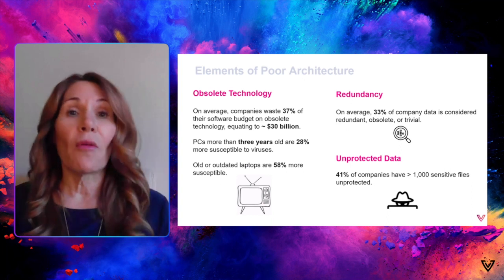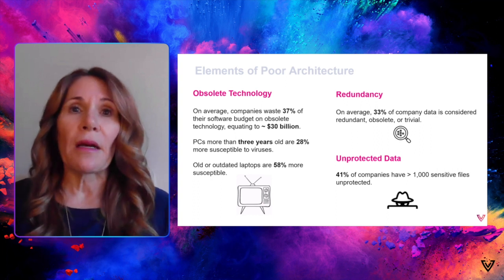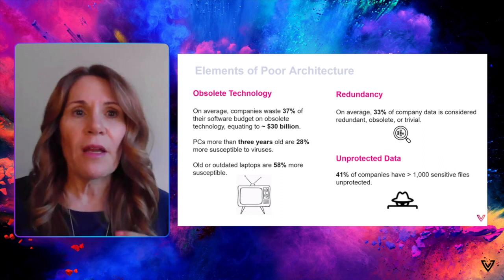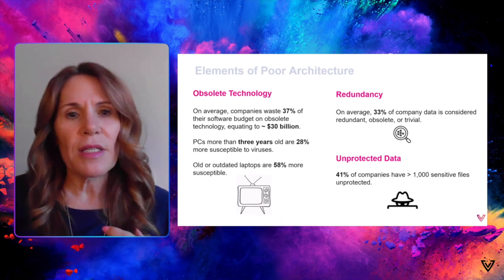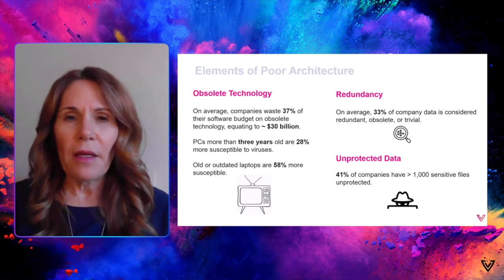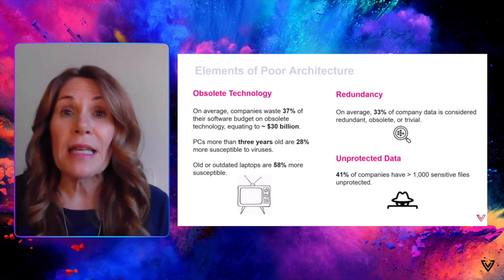Redundancy. This one always gets me. So much data is collected, repurposed, and reutilized in our organizations, and you think about the sprawl of all of that data that may not be necessary in all of the various places it is.